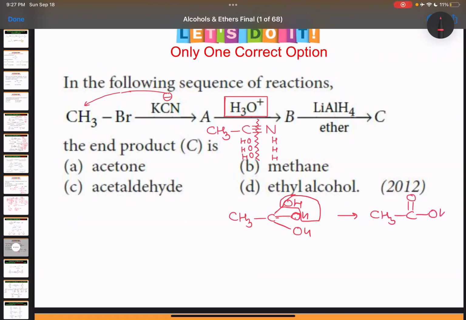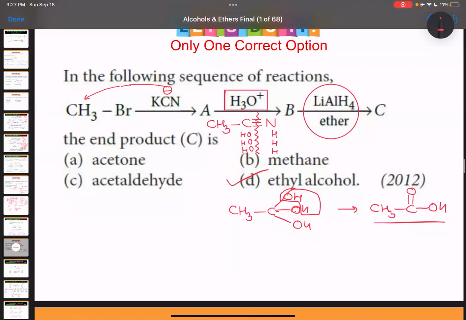Okay, clear? Yes, sir. So now LiAlH4 in ether is going to reduce that carboxylic acid to alcohol. So what is going to be the answer? Ethyl alcohol. Okay, right? Yes, sir.